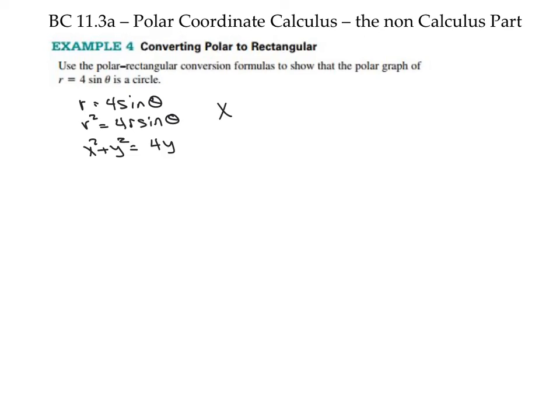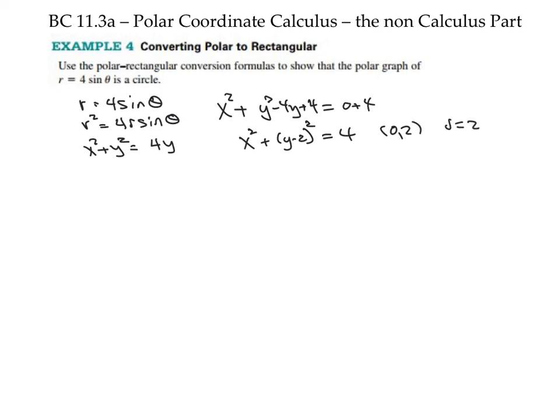So this becomes x squared plus y squared minus 4y is 0. We'll add 4 to both sides to complete the square, and we'll get x squared plus (y minus 2) squared is 4, which is a circle centered at (0, 2) with a radius of 2.